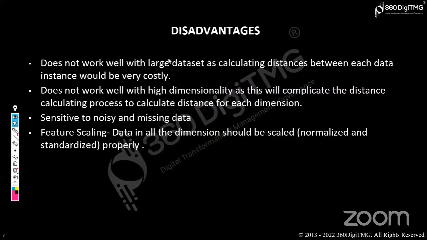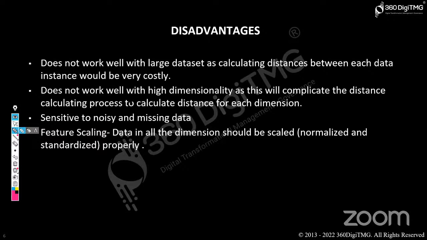There are some disadvantages also associated with KNN. Talking about the disadvantages, KNN does not work well with a large dataset, as calculating the distances between each data point would be very costly.